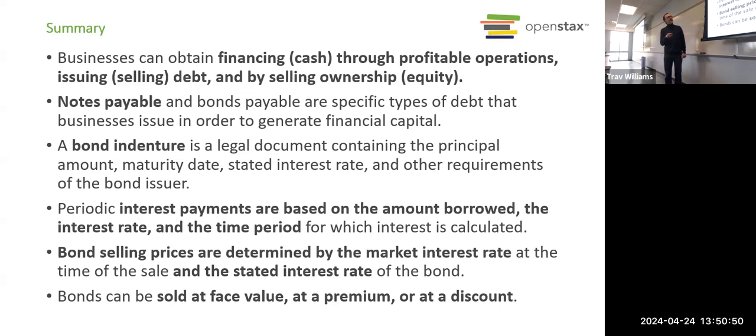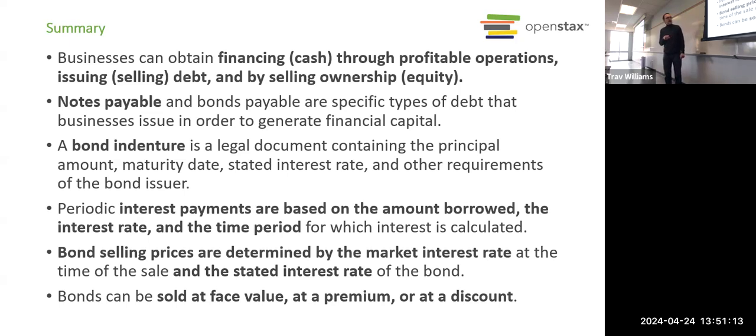We learned about bonds where a company can sell the bond to an investor. And what they're doing is they're really borrowing that money from the investor, and then they have to repay it with interest, right? So the bond indenture is the document that has all the terms of that agreement.